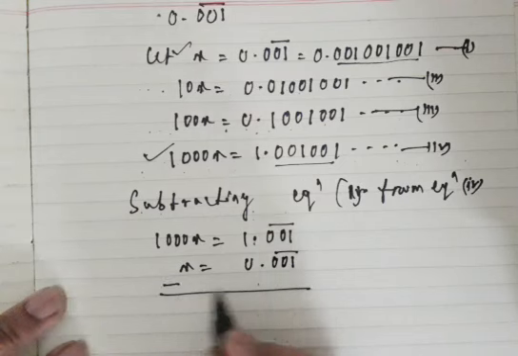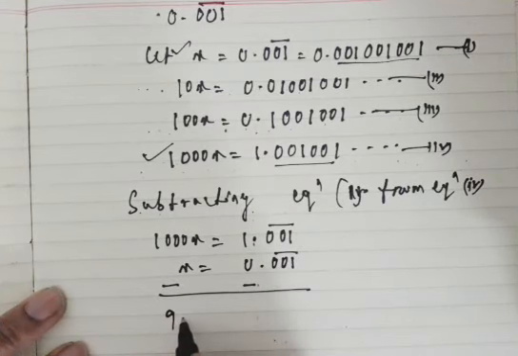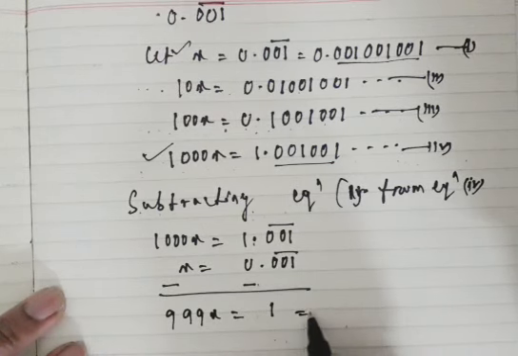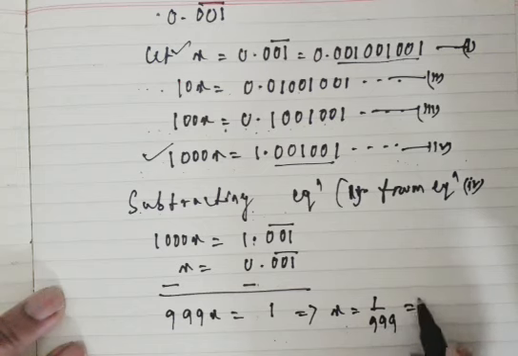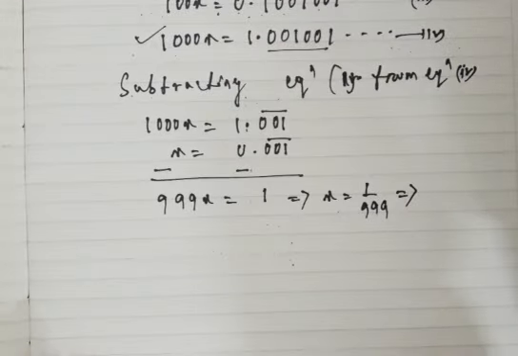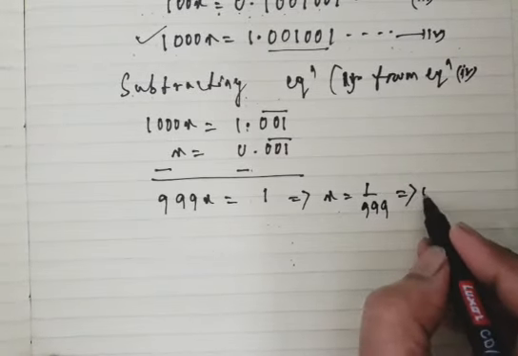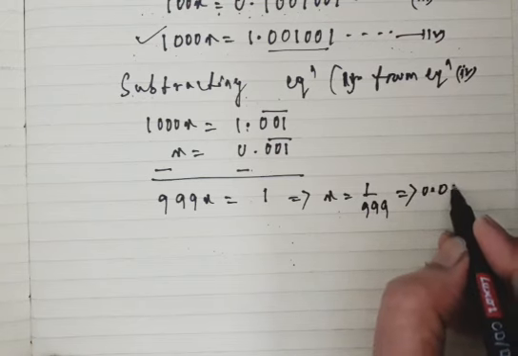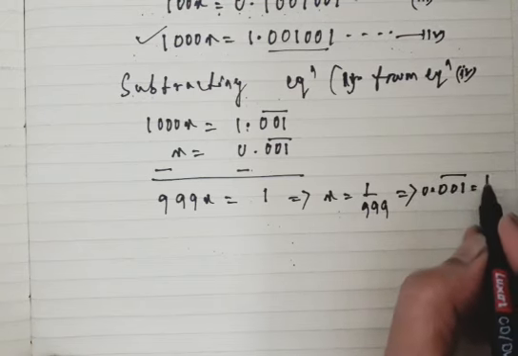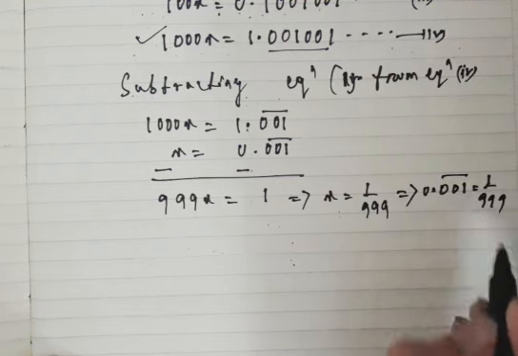After subtracting it gives you 999x is equal to 1, so x equals 1 by 999. This implies 0.001 bar is equal to 1 by 999.